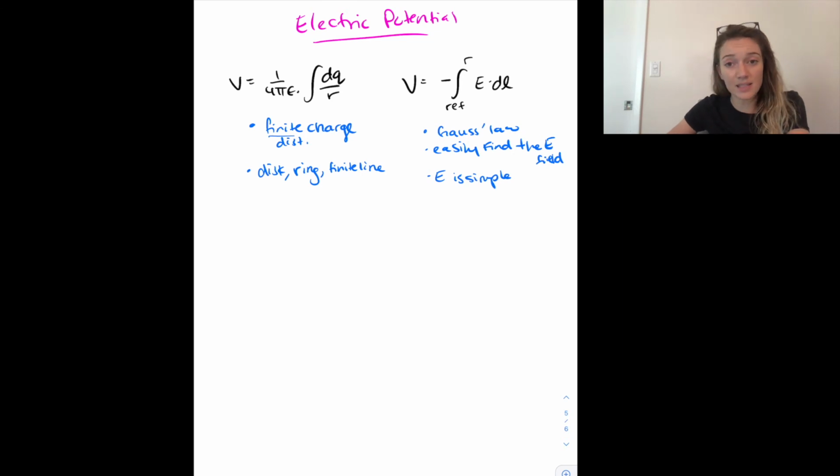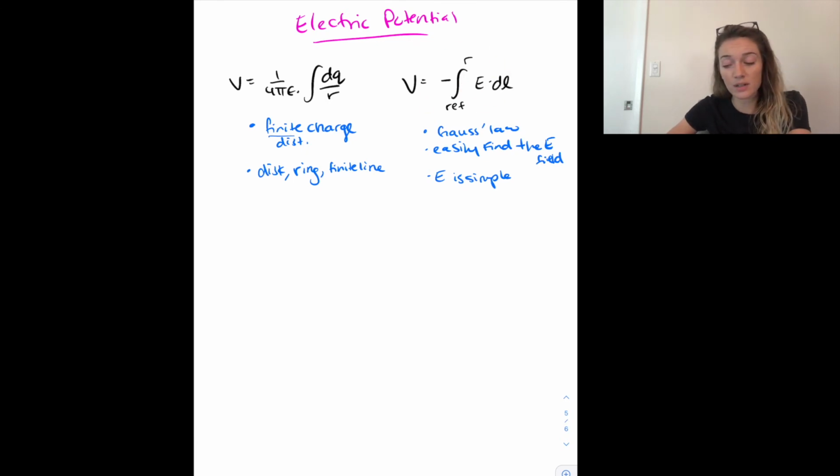So like in the case of a charged sphere, you know the electric field outside it is q over 4 pi epsilon naught r squared, and that's an easy function to integrate. You just integrate 1 over r squared, and that's really it. So that would be a good case where you want to just integrate over your electric field: something where you can apply Gauss's law, quickly find the electric field, and the field is relatively easy to integrate. That would be a good candidate for this method.